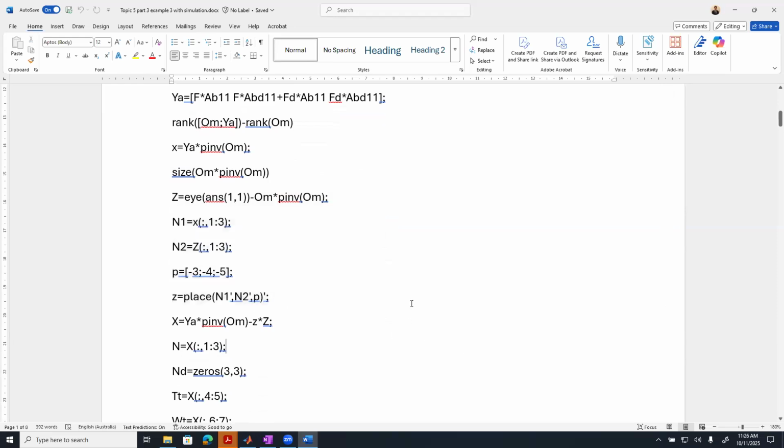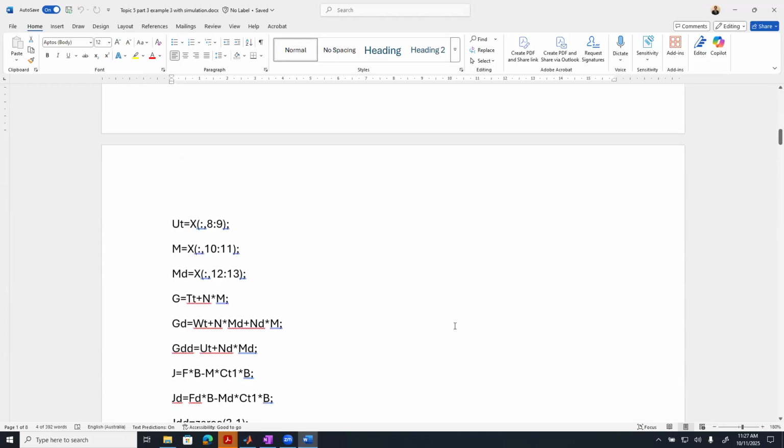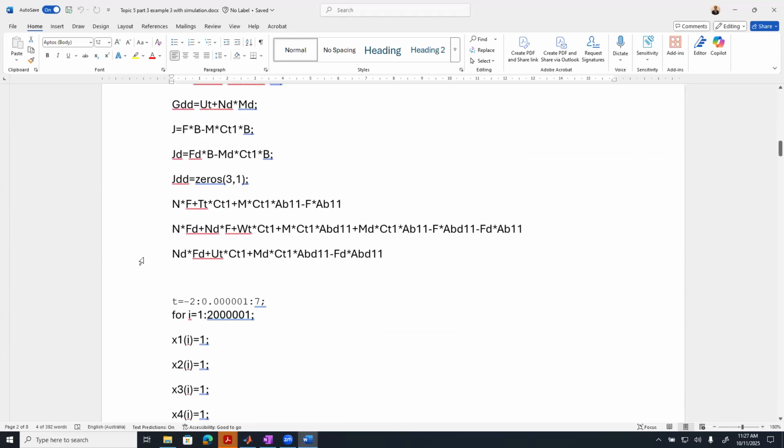So we can assign the poles anywhere we like. As a result, we obtain the solution that makes the matrix N stable with the eigenvalues anywhere we like. And from the solution, we pick out all the observer parameters, realize the rest of the parameters, and we can also check the conditions and so on.